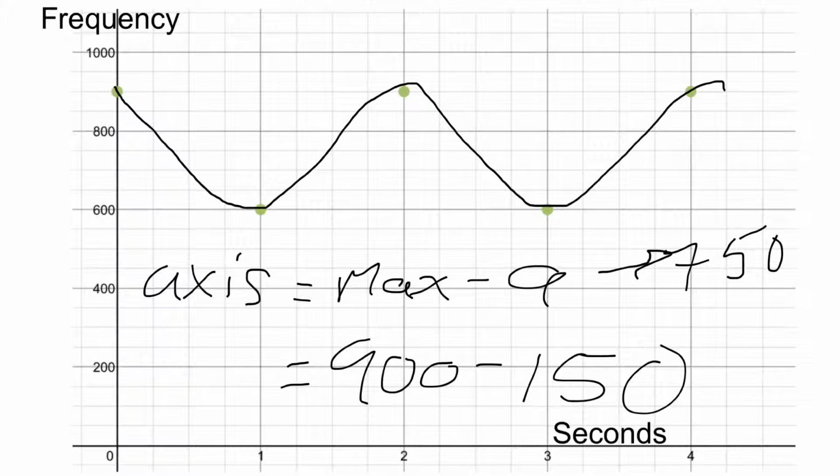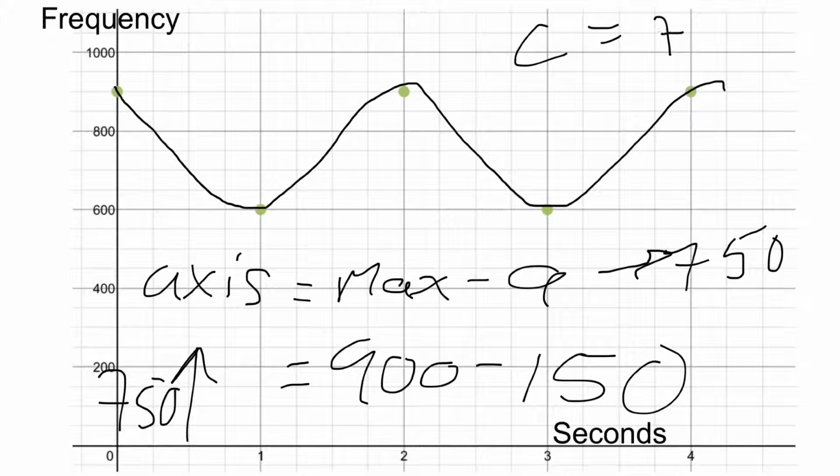So what happened to this one? It shifted up by 750. What does that make our C value? 750.